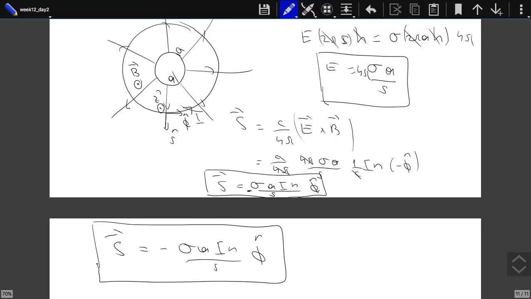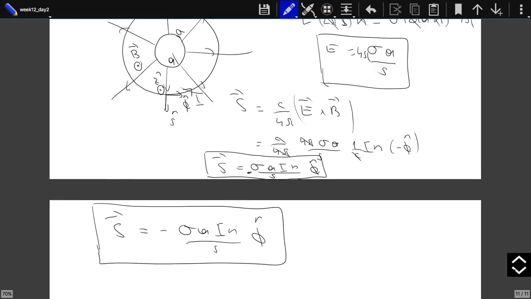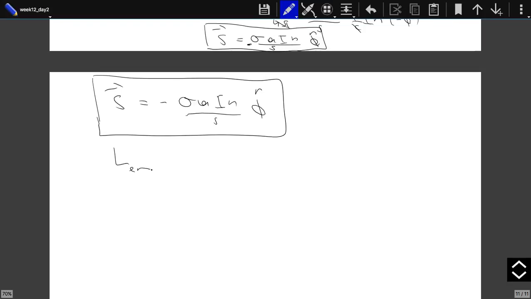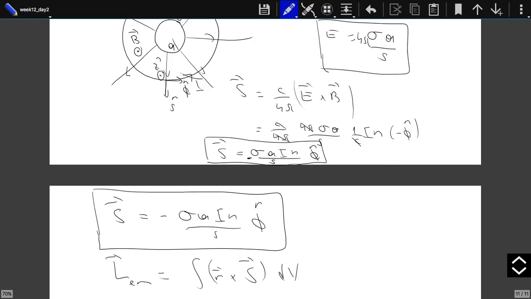Let's calculate the angular momentum per unit length. I mean, the total angular momentum will be infinite because it's an infinite system, but we can talk about the angular momentum per unit length. Now, the angular momentum in the electromagnetic field is the integral of R cross S dV. First of all, what is the direction?